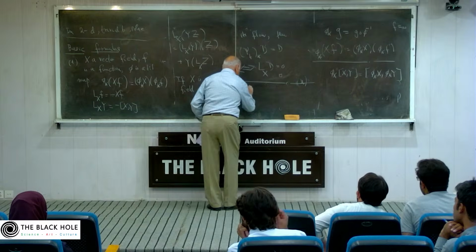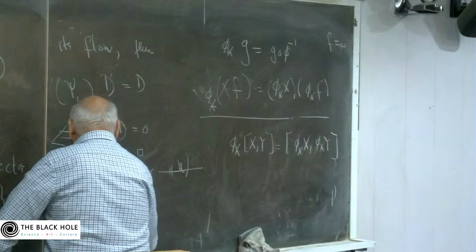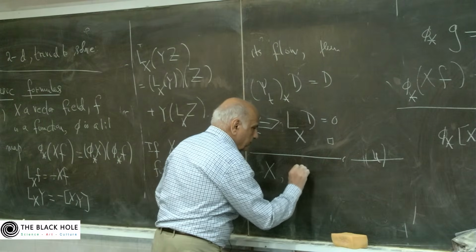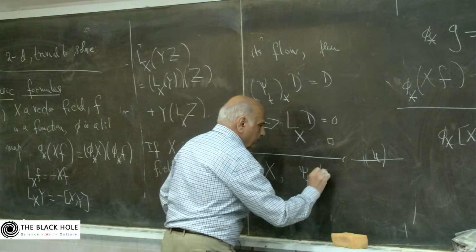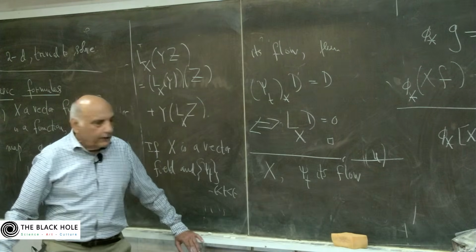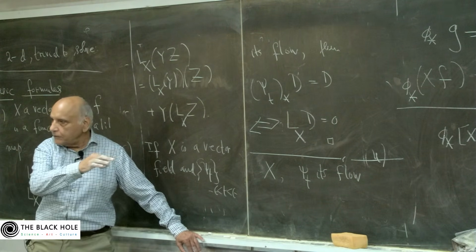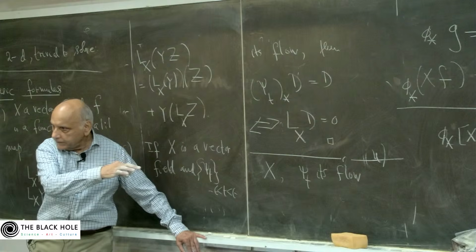So x is a vector field, right? And so it has its flow. Okay. So you want to compute the Lie derivative of y with respect to x?